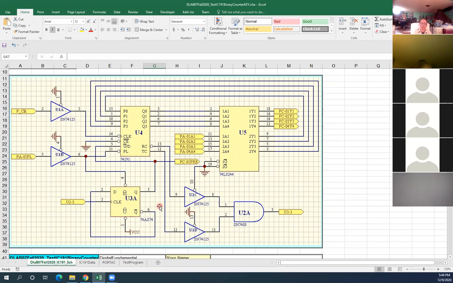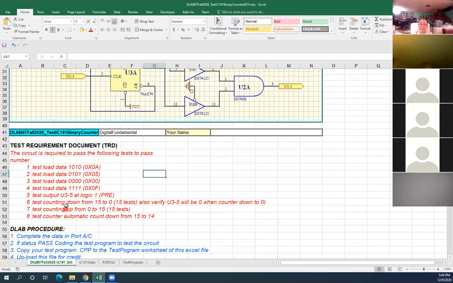So for this circuitry, first thing you will apply is the loading number. Okay, if you're looking into the requirement here, number 1, they will load 1010. Number 2, they require loading 0101. Number 3, load 0000. And number 4 will load 1111.